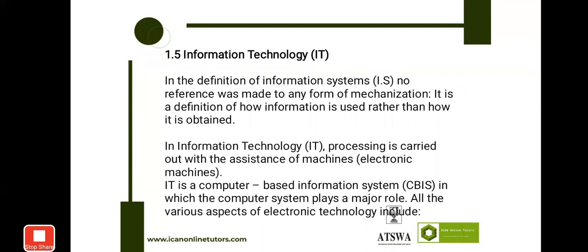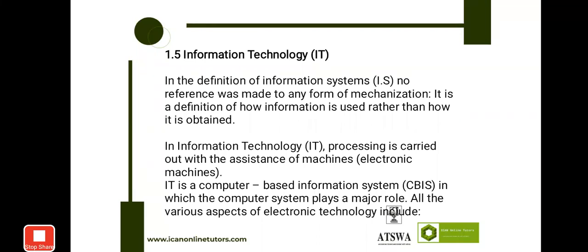Because information system defines how information is used rather than how it is obtained. But in information technology, we look at the different processes carried out with the assistance of machines.